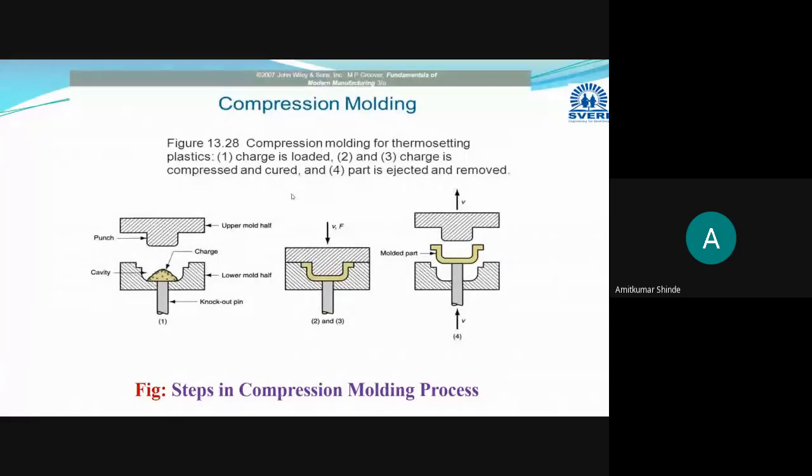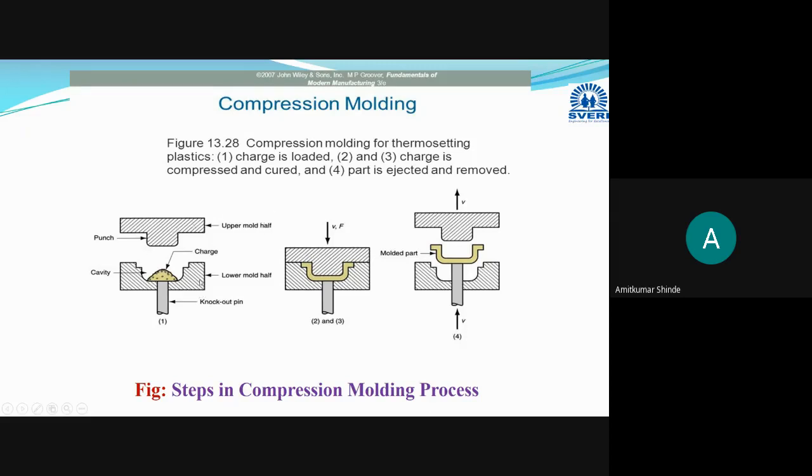This is the compression molding. In this compression molding, the mold will be in two halves, a lower mold half and an upper mold half, and a punch will be in the upper mold half.